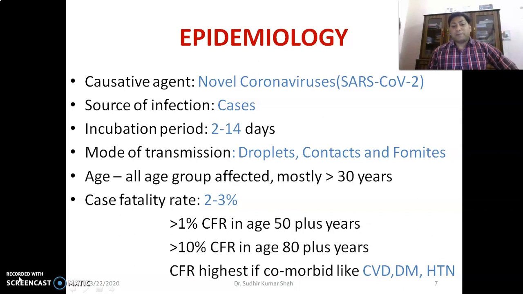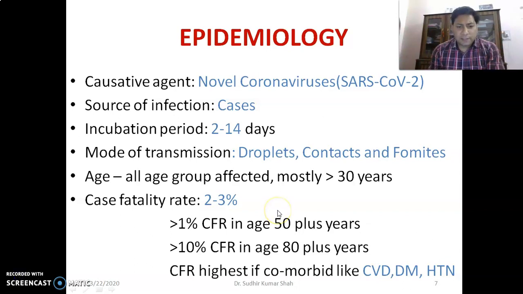Now, the mode of transmission is predominantly droplet, but it can also be transmitted from contacts and fomites. All age groups are affected with this disease, but it is more commonly seen among those greater than 30 years. The case fatality rate of COVID-19 is around 2 to 3%.